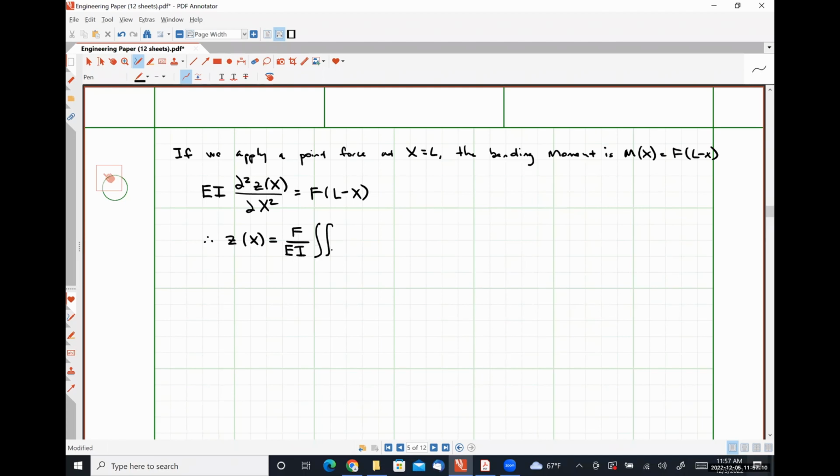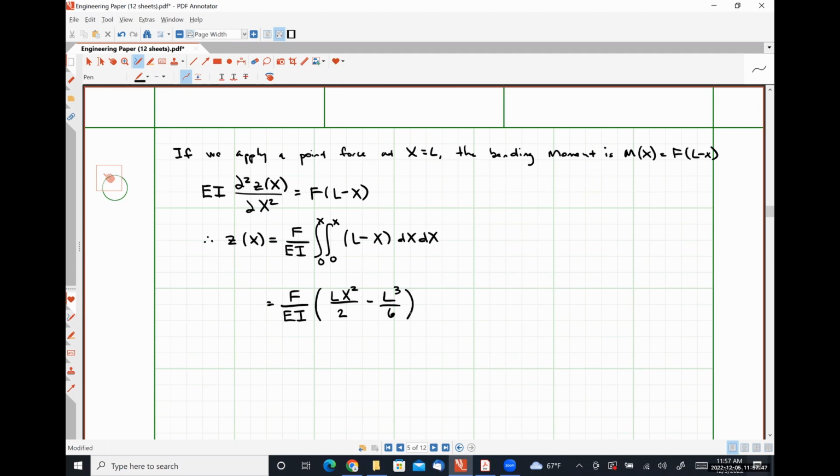And with a trivial amount of manipulation, we can see that Z of X is going to be F over EI times the double integral from 0 to X of (L minus X) dx dx, or F divided by EI times (L X squared over 2 minus X cubed over 6).